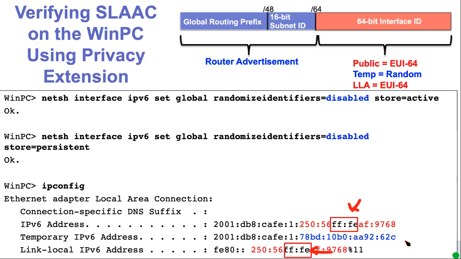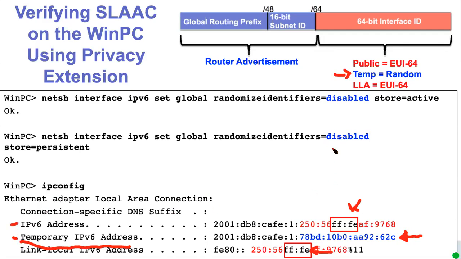There is this temporary address that Windows creates by default because it has something else set that we're going to be talking about in the next video. Temporary addresses only use a random number. We'll talk about the difference between this address and this address in a moment.